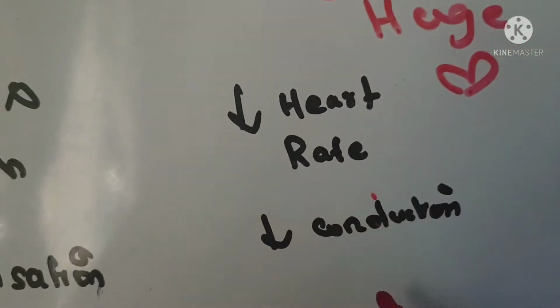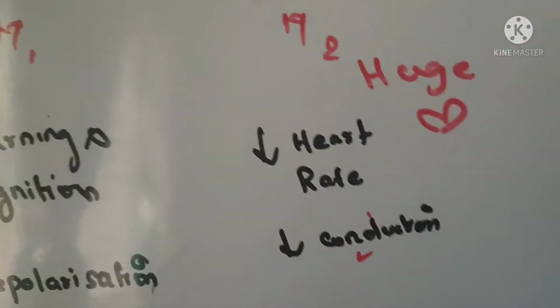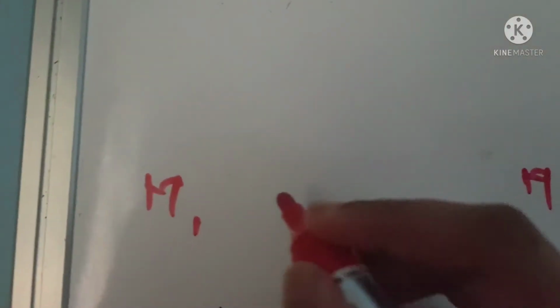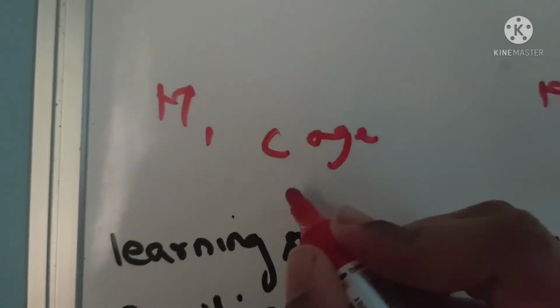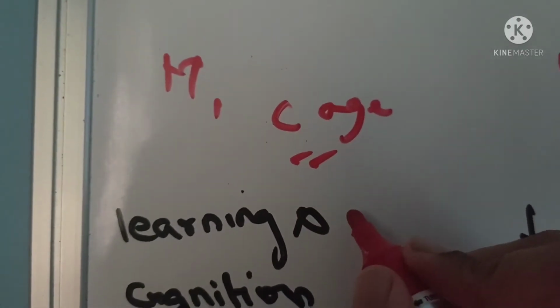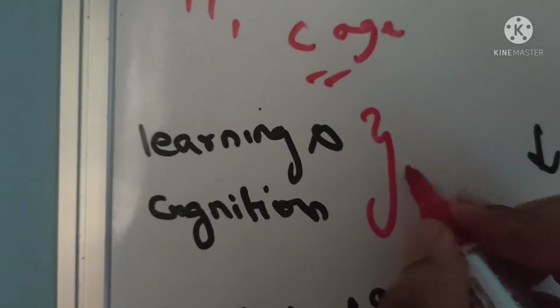Whereas M2 receptors are in the heart, where they decrease the heart rate and decrease the heart conduction. Moving on to M1, see the CAGE. C is for CNS, so learning and cognition.